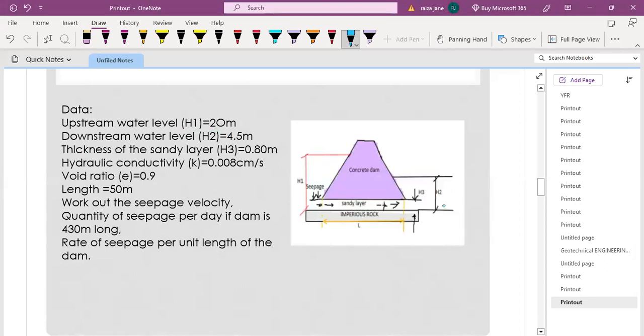Downstream natin is equal to 20 m. And our H2 will be 4.5. And then our H3, we have 0.80.